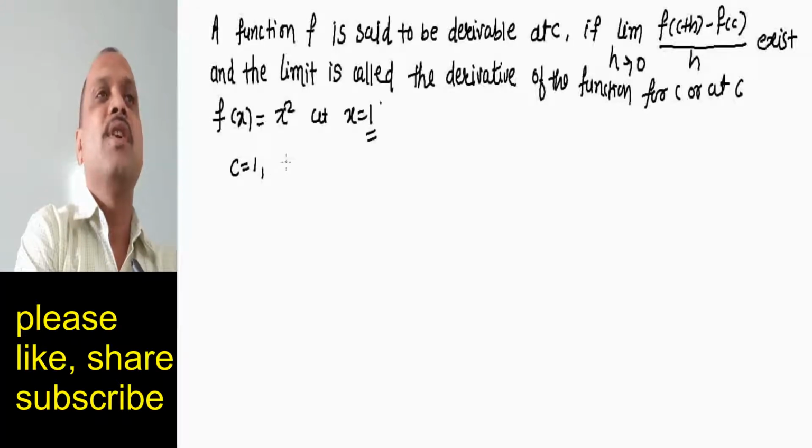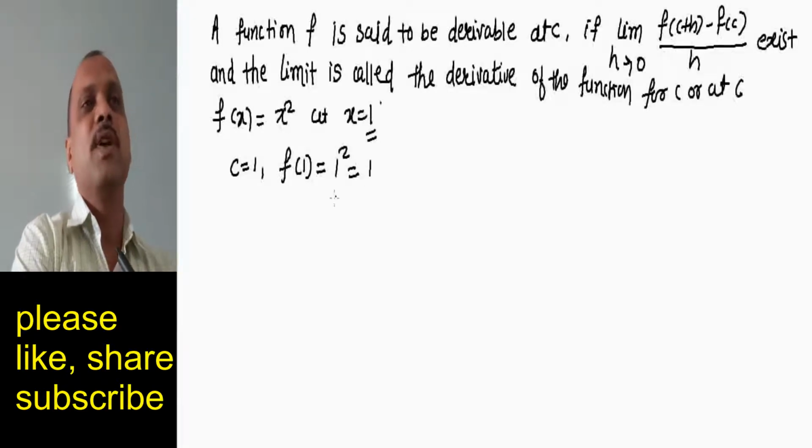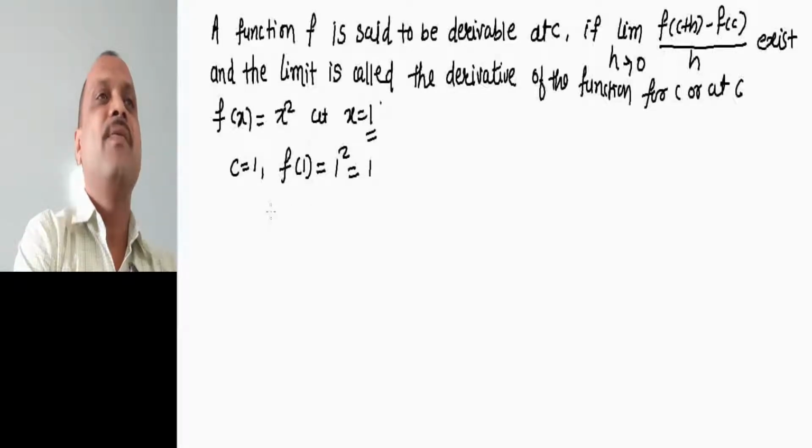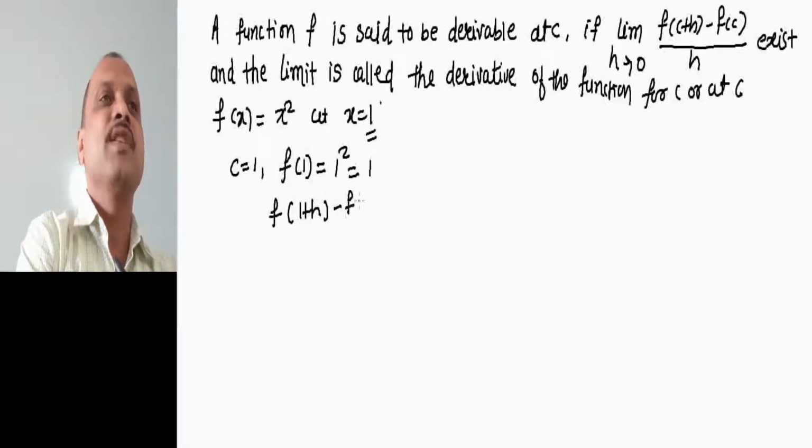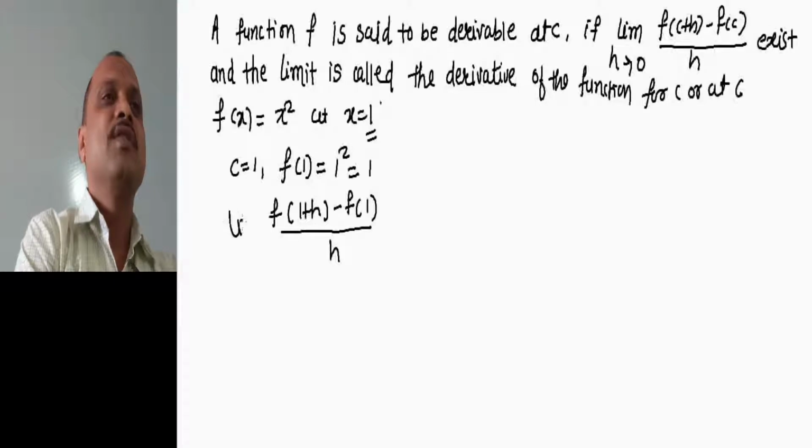Now, let us calculate f of c, that is f of 1. We need f of c plus h and f of c. So f of 1 equals 1 square, which is equal to 1. Then f of c plus h, that means f of 1 plus h, minus f of c, that is f of 1, divided by h, and then the limit as h tends to 0.